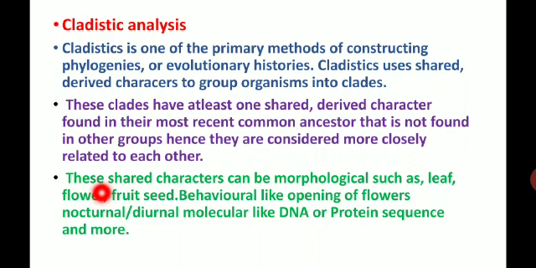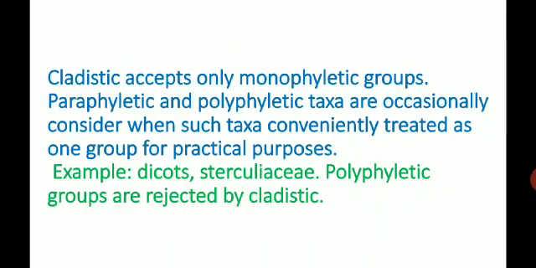First one is nocturnal and diurnal. Nocturnal, the plants active during the night time. Diurnal, the plants active during daytime. Then the molecular, like DNA or protein sequences and more.